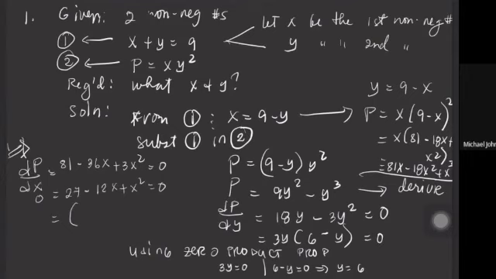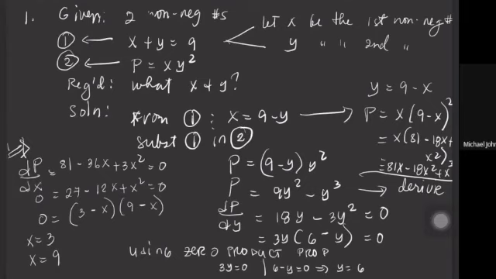Maybe we can have 27 is 3 times 9. So we could have x minus 3 times x minus 9 equals 0. So we have two values of x, isn't it? So x equals 3 and x equals 9.